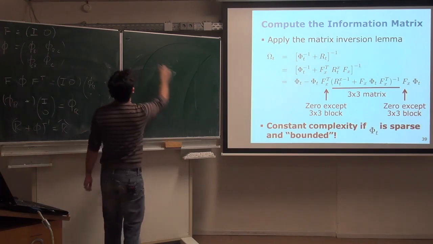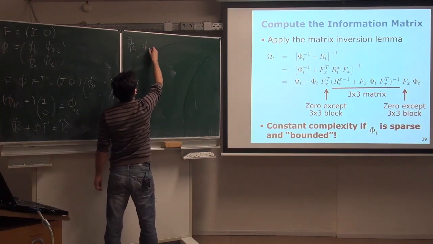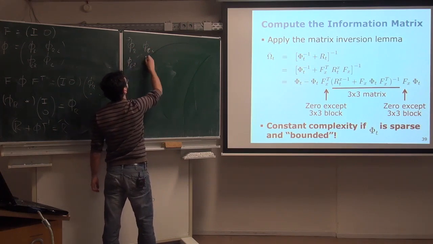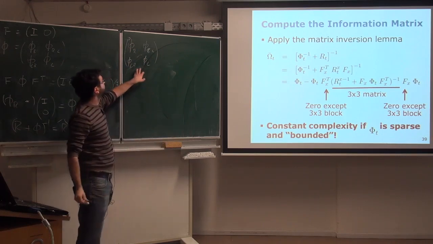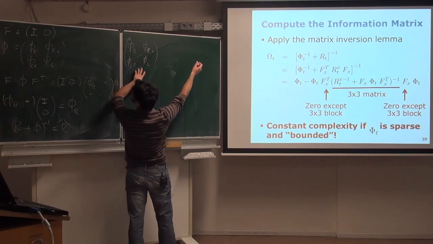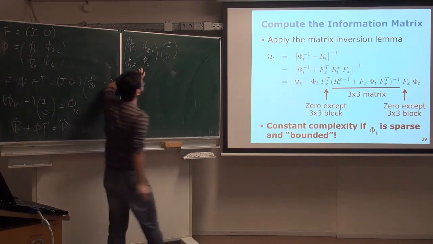We have again phi R, phi RL, phi LR, phi L. Let's see what happens if we multiply this by F, where F transpose in this case is identity 0.